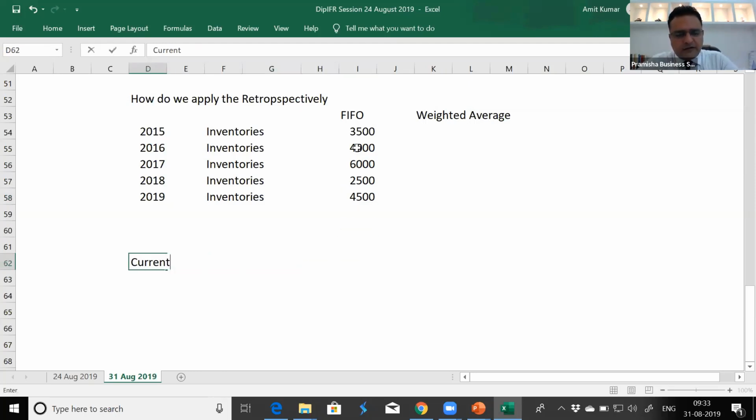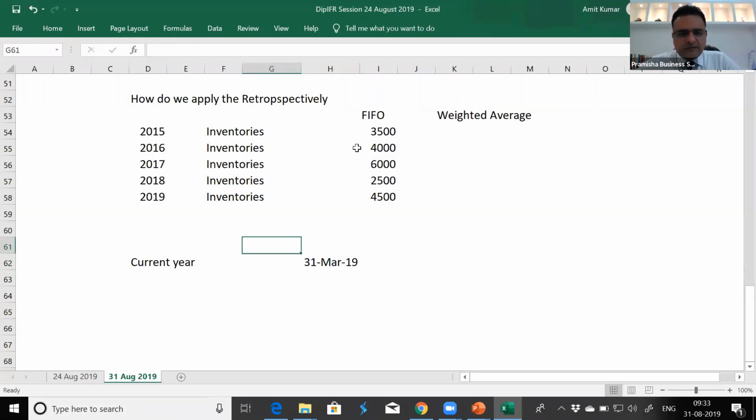Our current year is 31st March 2019. Comparative year, 31st March 2018.